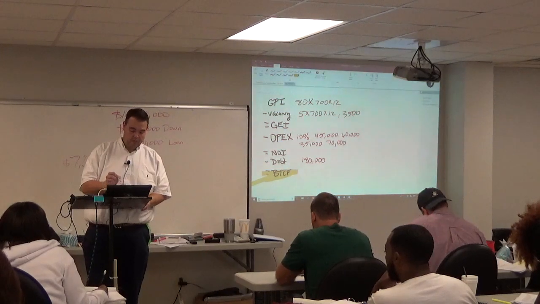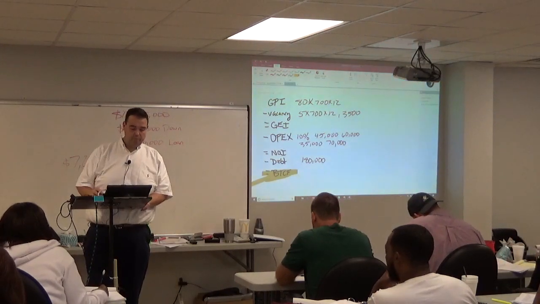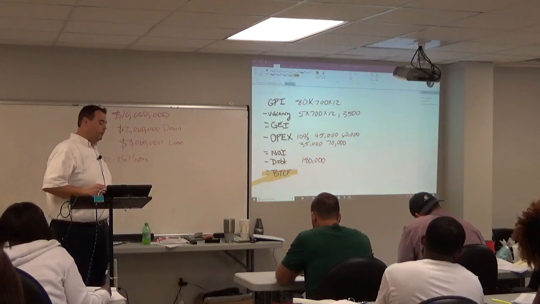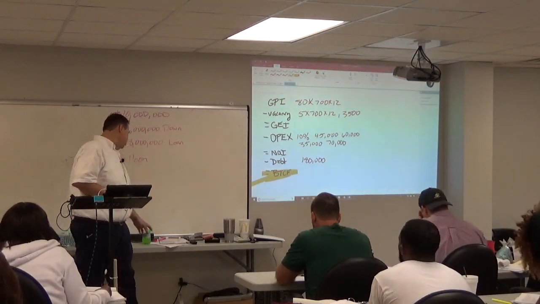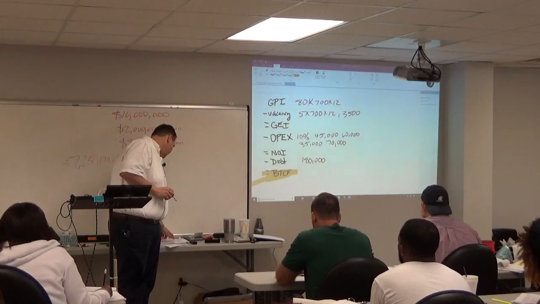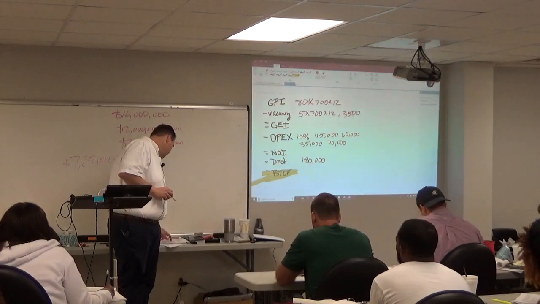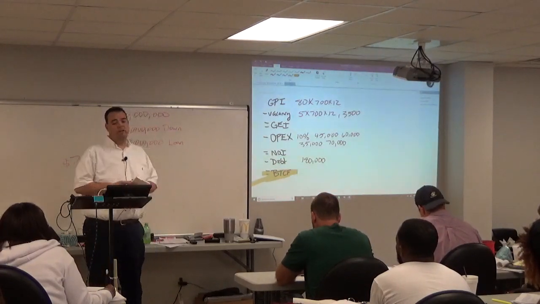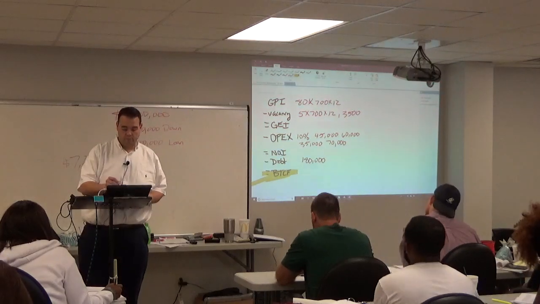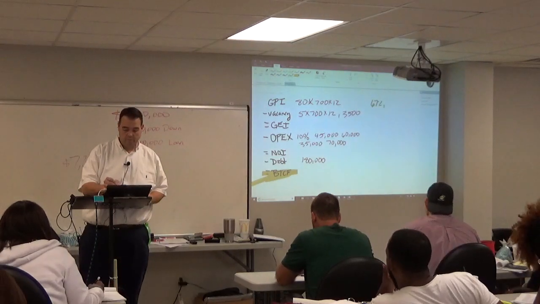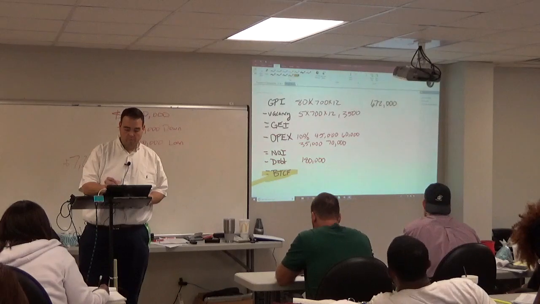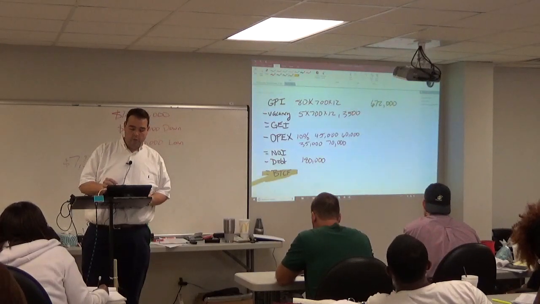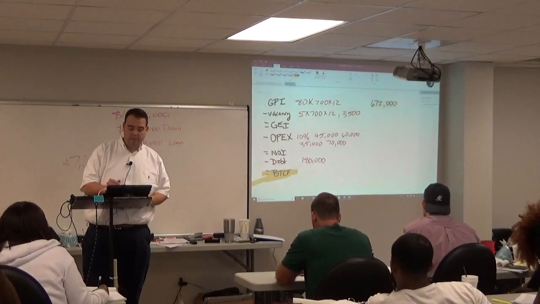All right, we're ready to do our math here. So gross potential income, 80 times 700 times 12, $672,000 for gross potential. And we want to subtract our vacancy here.